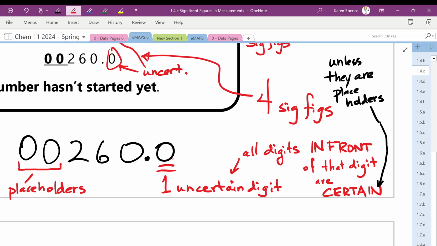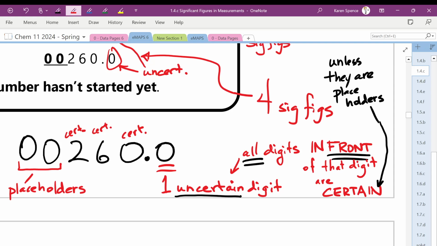And what that means is that all the digits in front of your uncertain digit are certain. This 2 is certain. This 6 is certain. This 0 is certain.